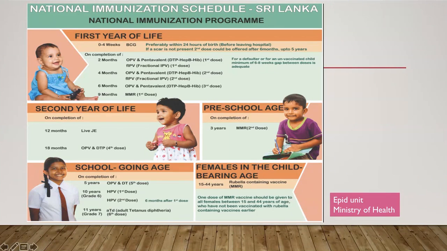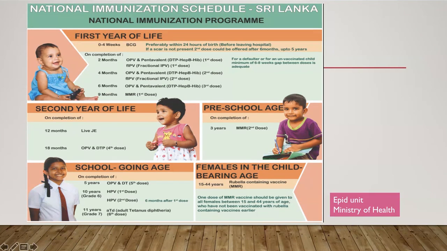And meanwhile, after completion of 12 months, a single live Japanese encephalitis vaccine is given. And at 18 months, we give the OPV and DTP fourth dose. During school age, at 5 years, OPV and DT. At 10 years for girls, HPV first dose and HPV second dose with a gap of 6 months.